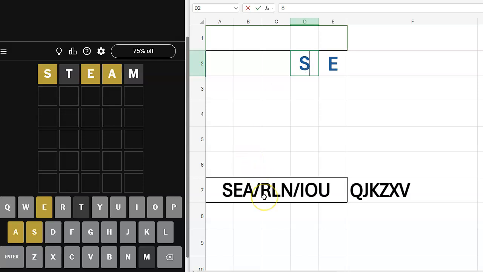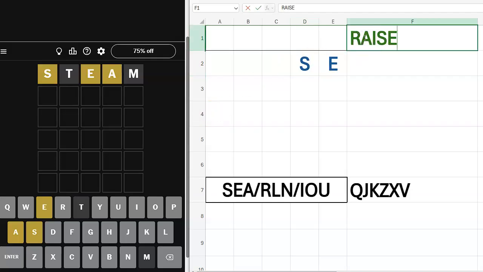If we focus on the R, we could do raise. I don't necessarily want to throw another vowel in there. If we focus on the L, we could do lease. That would put the E in 2 different spots, including one that we wanted. This one also puts it where I want. And the S is where I want on each of these.